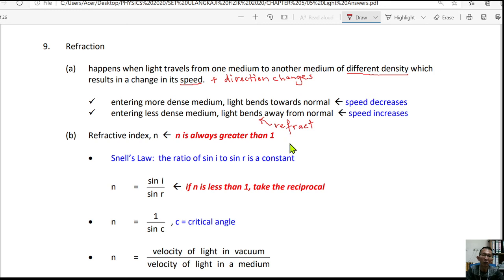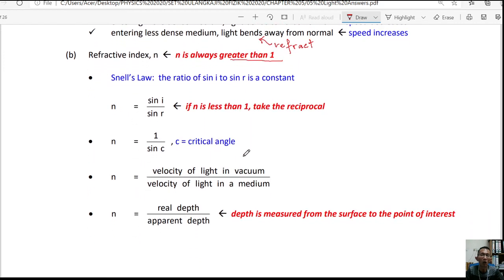Okay, next we look at refractive index. As I have told you before, the value of the refractive index must always be greater than 1. It cannot be less than 1. If you get a value less than 1, then you take the reciprocal. Talking about refractive index, we have one law, which is Snell's law.